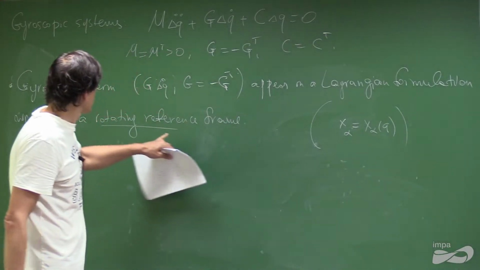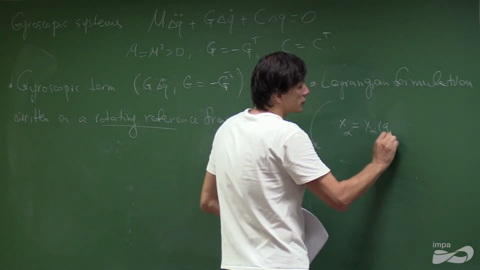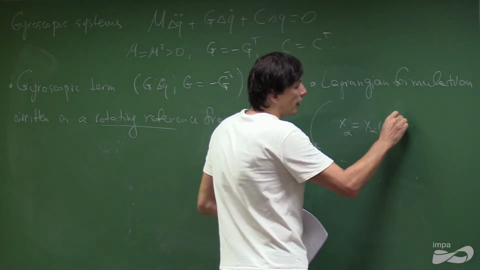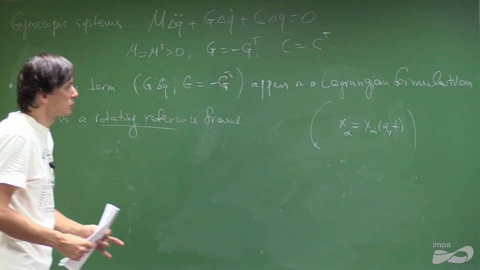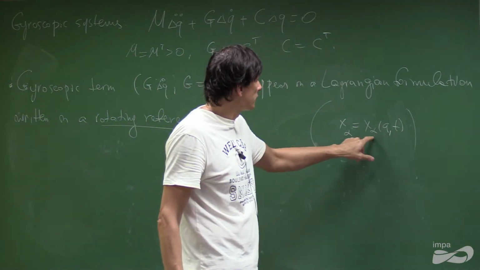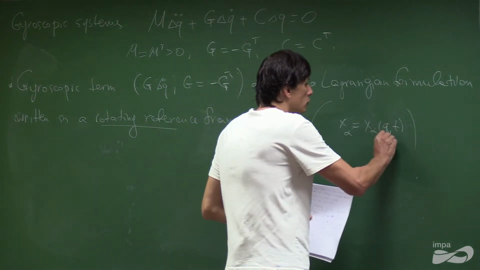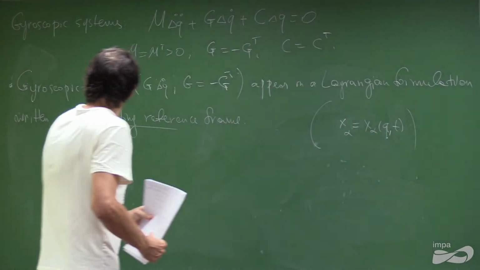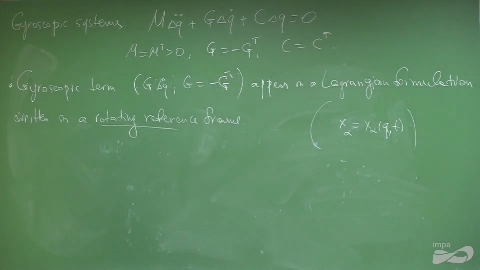So when you're in a rotating reference frame, the positions actually depend on q and on time, because every time a reference frame is in different positions. So this is a slightly more general definition of generalized coordinates, which include also time in the transformation. And in that case, it turned out that we obtained this term, which, as we show in the example.